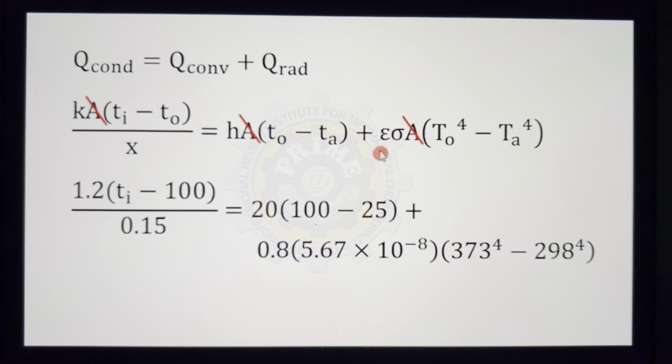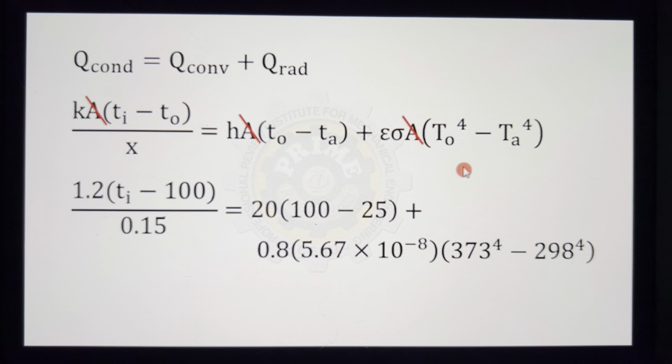Then plus, yung emissivity is given sa problem, that is 0.8. Then yung Stefan-Boltzmann constant is 5.67 times 10 to the power of negative 8. So again, kung hindi to na-memorize, makikita yan sa calculator. That is constant 31. Then times the quantity. So outside surface temperature, that is 100 Celsius. Then plus 273, magiging 373 raised to the power of 4.